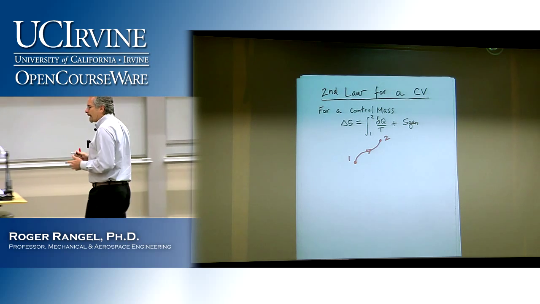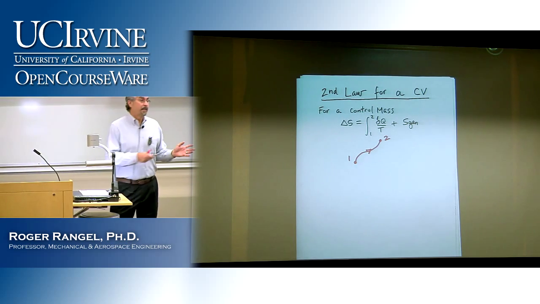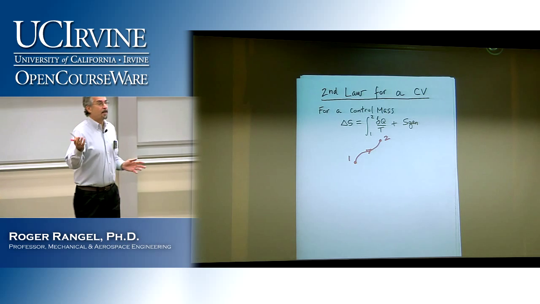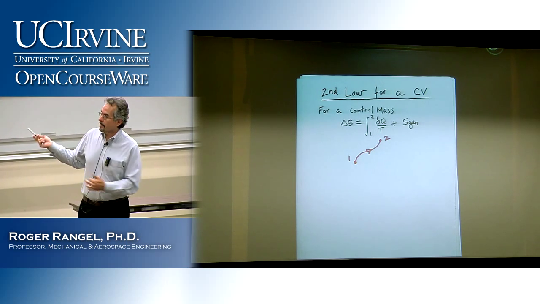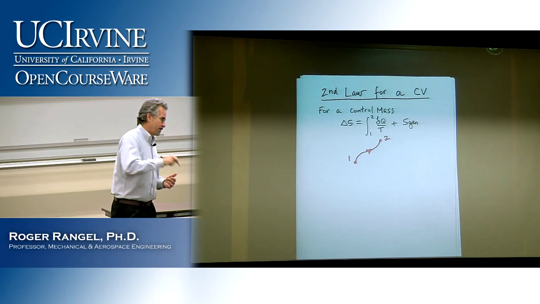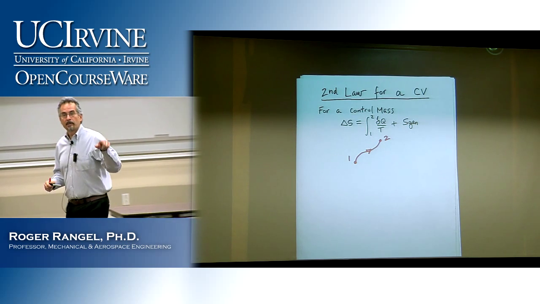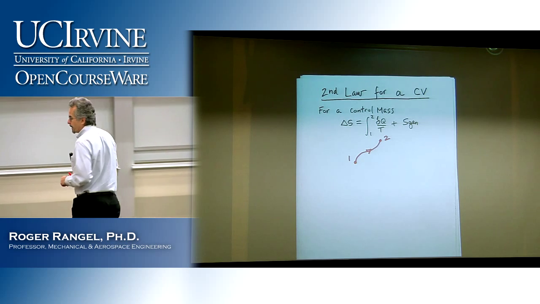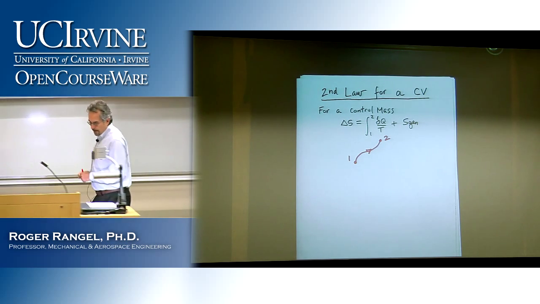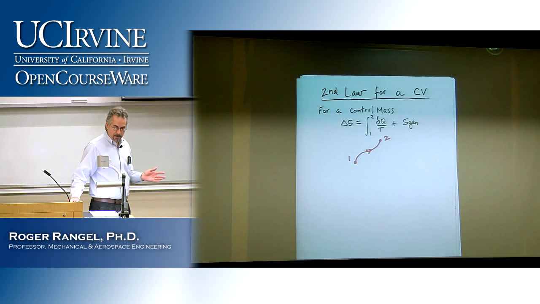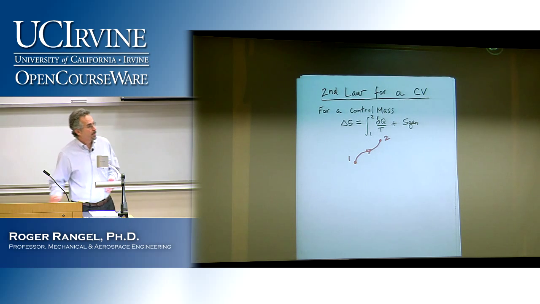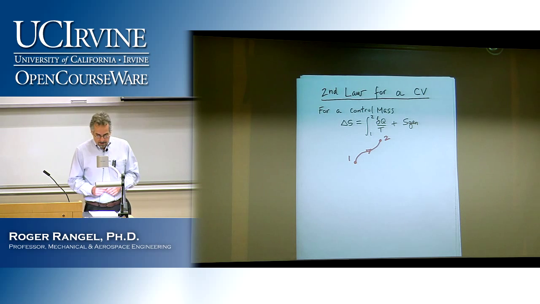So it's very unlikely that you would use this equation to find the entropy change, assuming that you can somehow figure out what the entropy generation is. Most of the time you would find yourself using this equation to find the entropy generation because you're able to calculate the entropy change some other way. But if we have a system that goes from 1 to 2, we can use that equation, and that delta S would be the change in entropy.